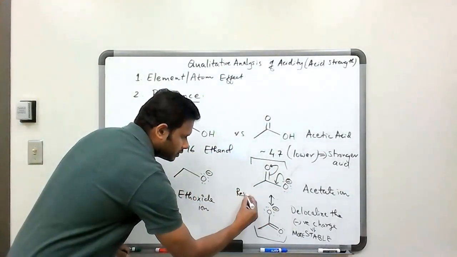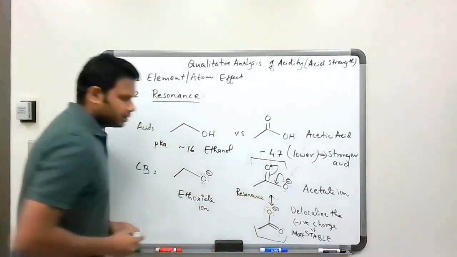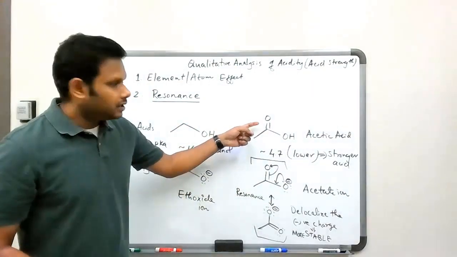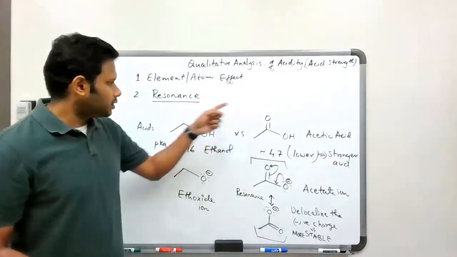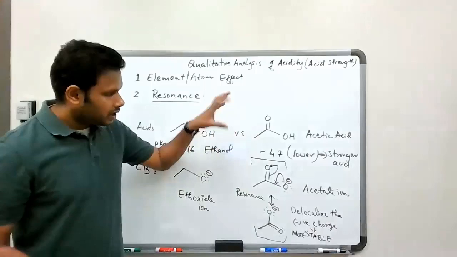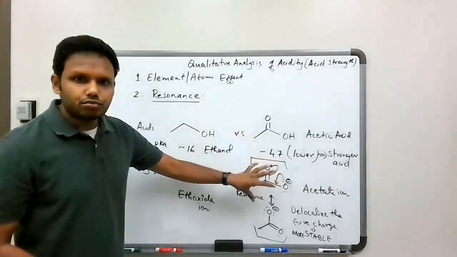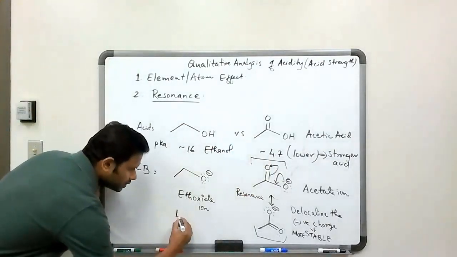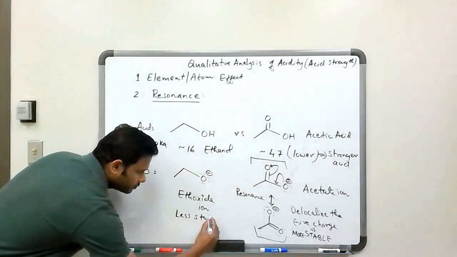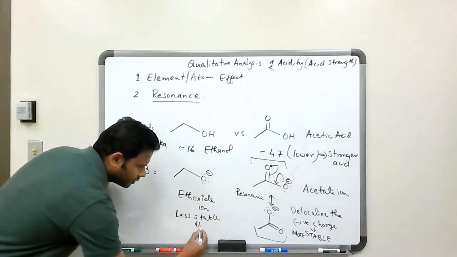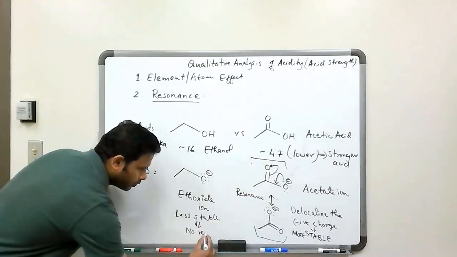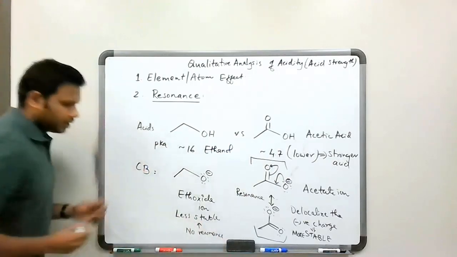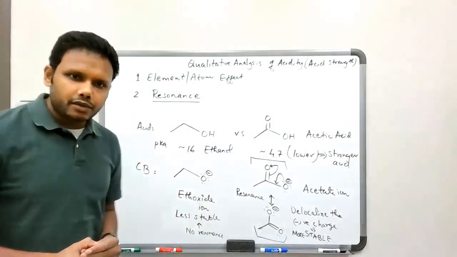Because of resonance in its conjugate base, that would explain why acetic acid is a stronger acid compared to ethanol, because its conjugate base is more stable compared to the other conjugate base. So this is less stable because there is no resonance, and therefore it is less stable.